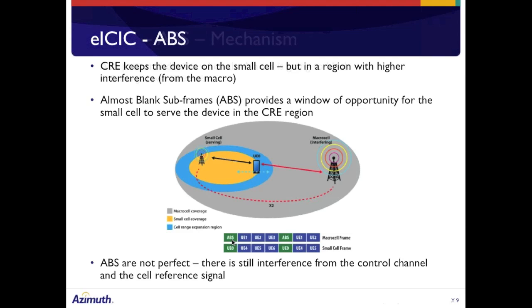Handsets from release 8 are always expecting the cell reference signals to be present, and if they go away, it gives them some heartburn. So we can't simply shut off the cell reference signal. There is another type of ABS, which I'll get to on a later slide, where the cell reference signals are not transmitted, but we'll get to that.